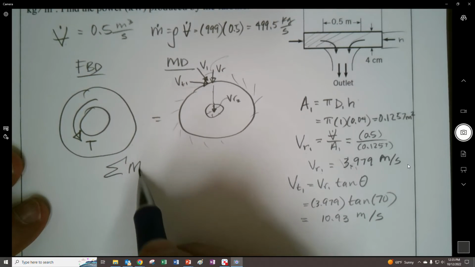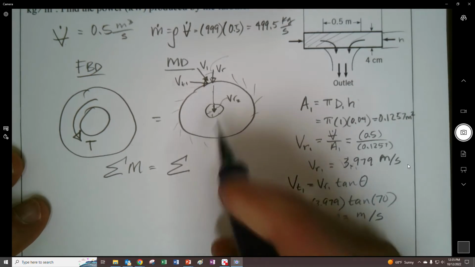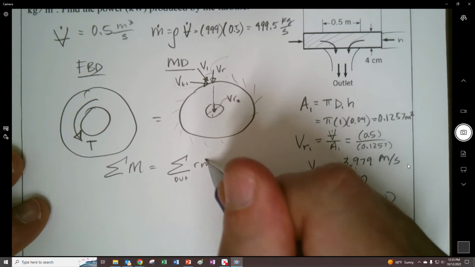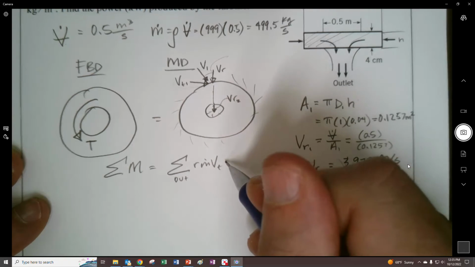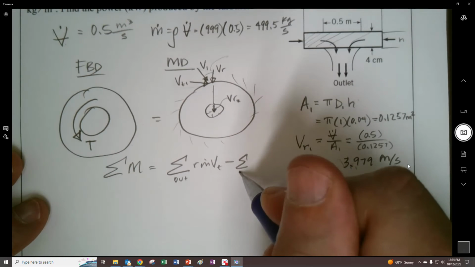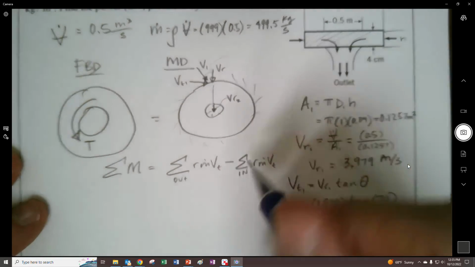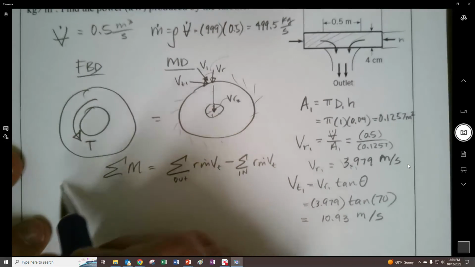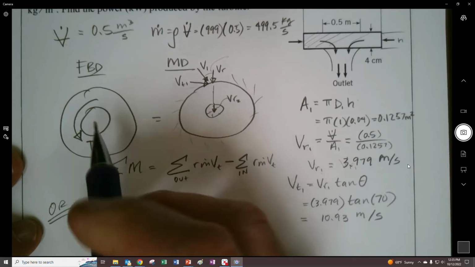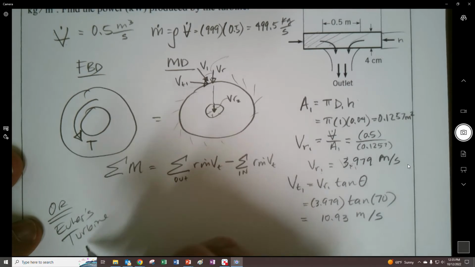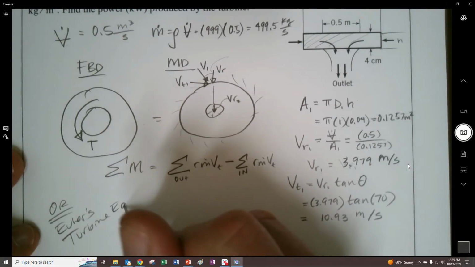So I'm tempted to write it out this way right here again, where we say out, and then r m dot v, let's call it tangential, minus in, r m dot v tangential, right? Or we could write Euler's turbine equation, and we'll get the same thing, right?